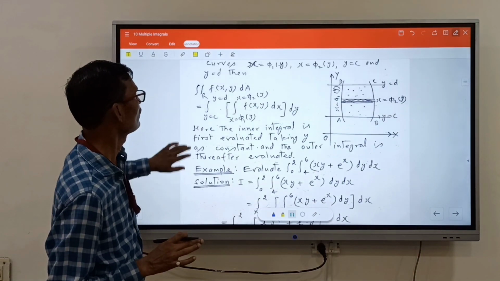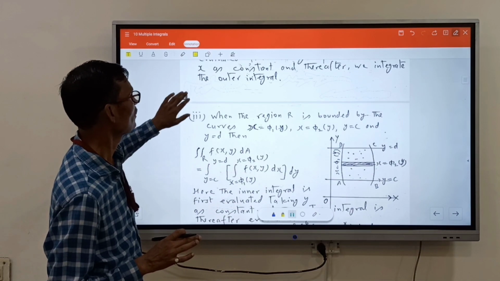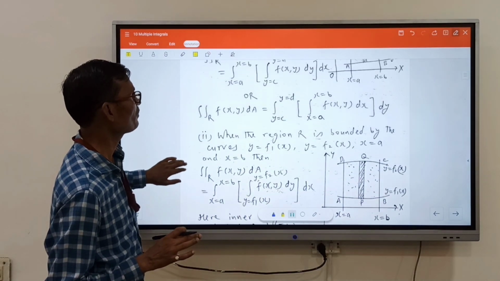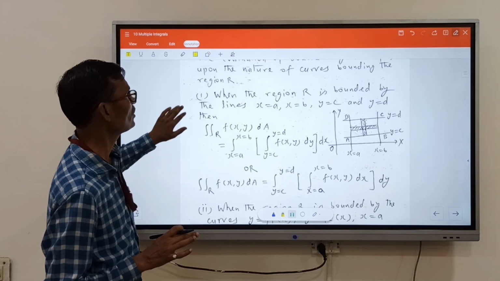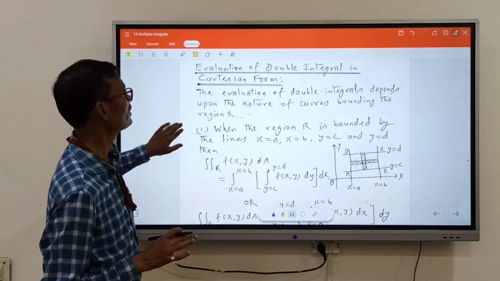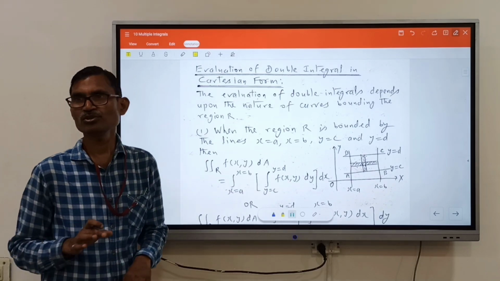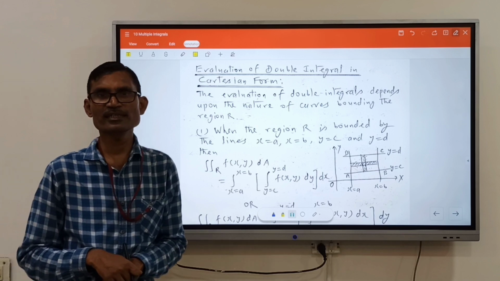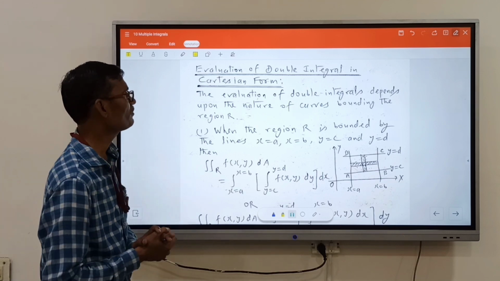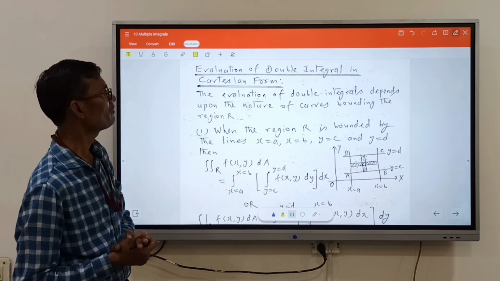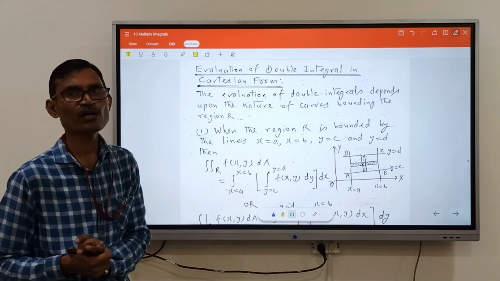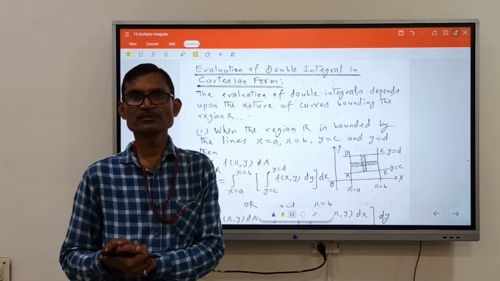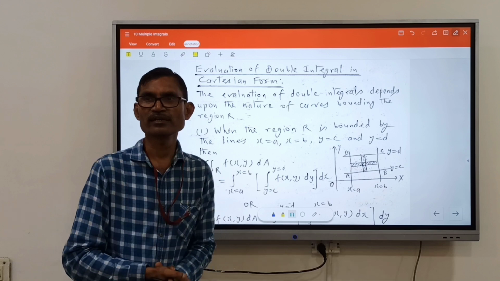Now we are going to understand the concept of evaluation, how it is going to be evaluated. Here we will discuss the evaluation of double integral in Cartesian form. In the Cartesian form, how it is done depends upon the situation of the area.